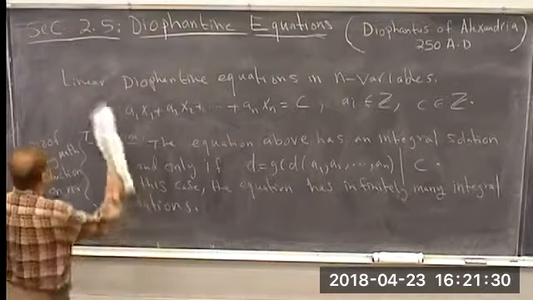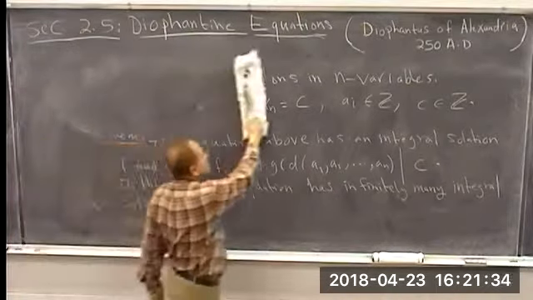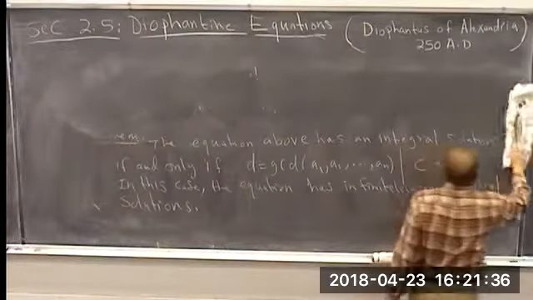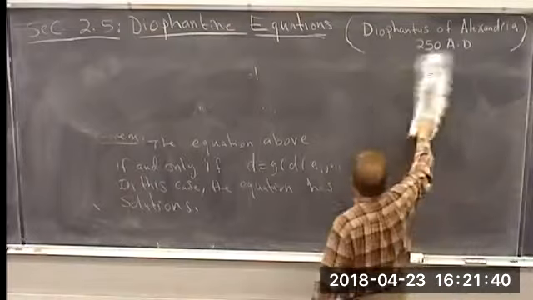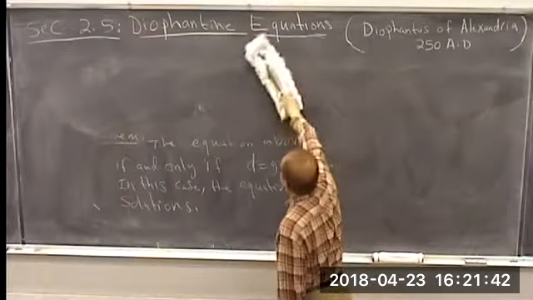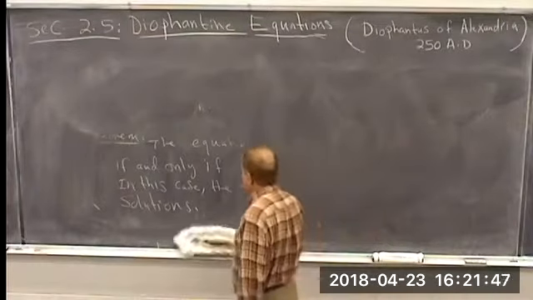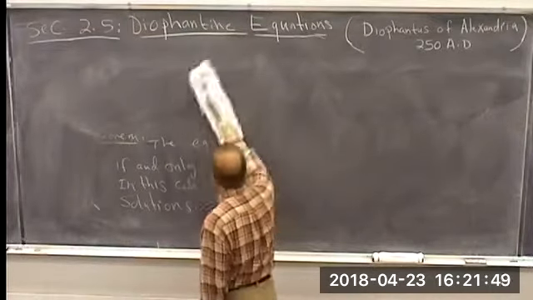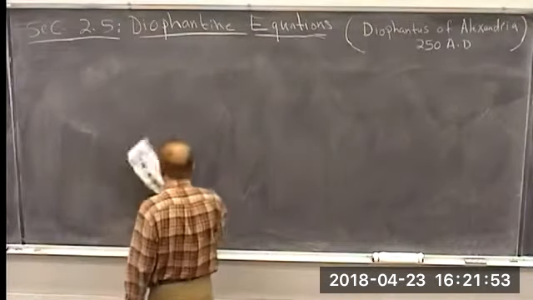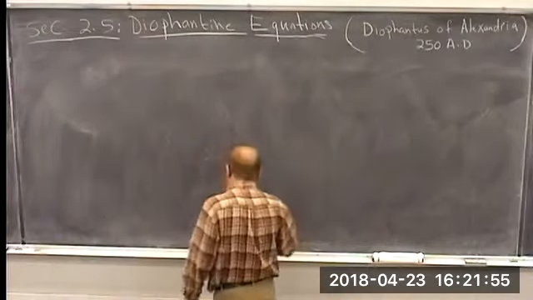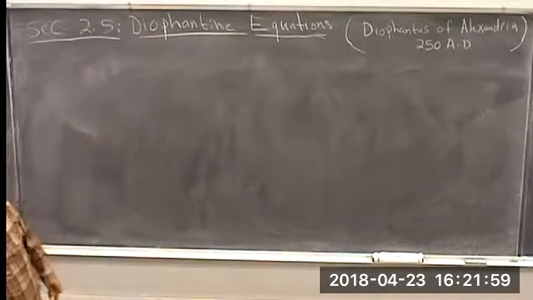So let me illustrate this theorem by solving at least one example, maybe two, of a Diophantine equation in three variables. Now, as you can tell from the way we're going to solve this, this could be time consuming to solve by hand, a Diophantine equation in 4 or 5 variables.